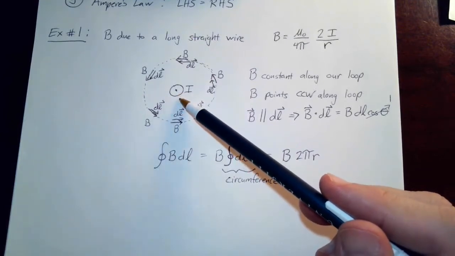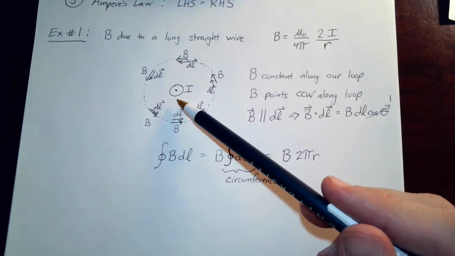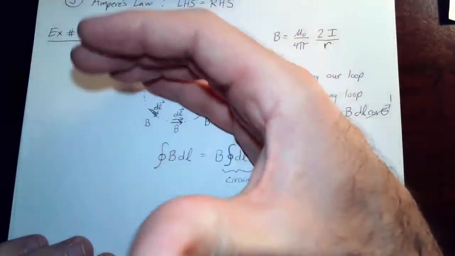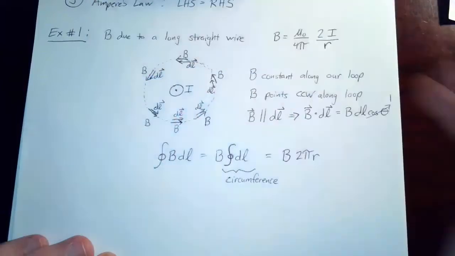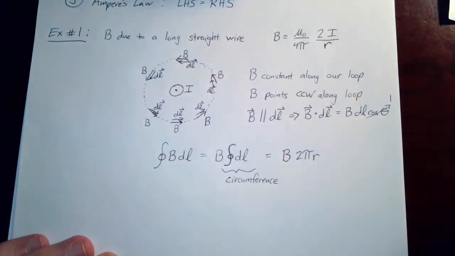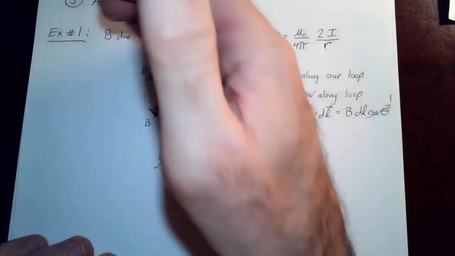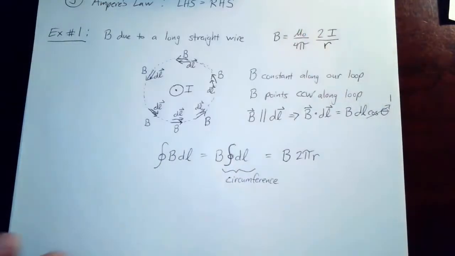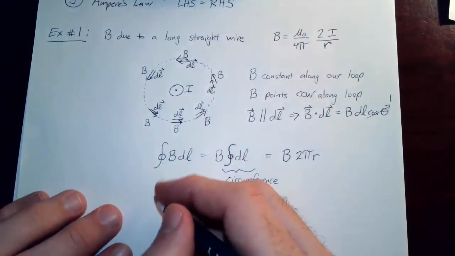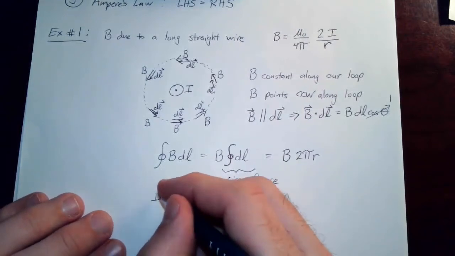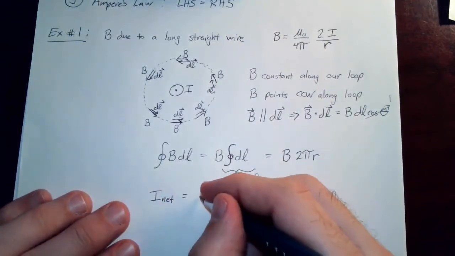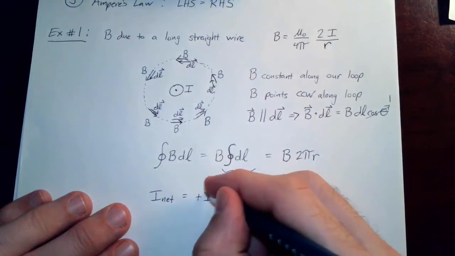So remember our sign convention was I'm going to curl my fingers in the direction of B, and my thumb points in the direction of I. Right, so it's a modified version of right-hand rule number 2. Basically, we're choosing the sign of I so that right-hand rule number 2 is followed. Okay, so I here is positive.